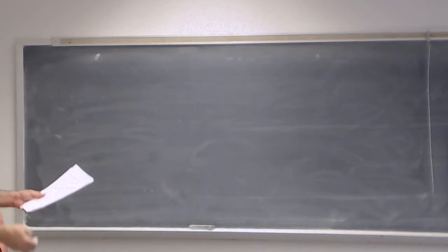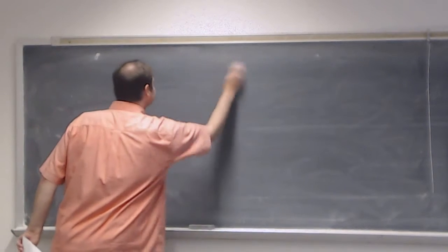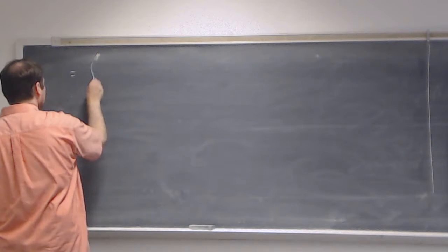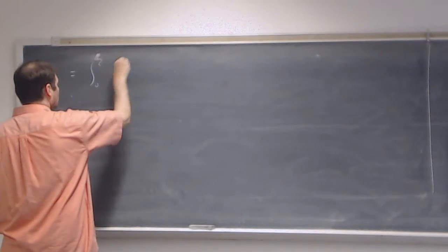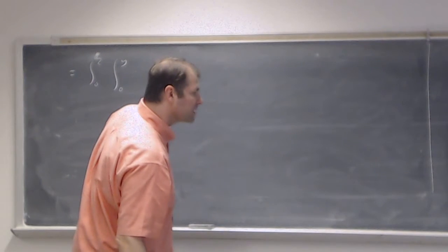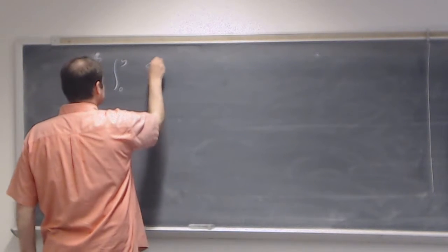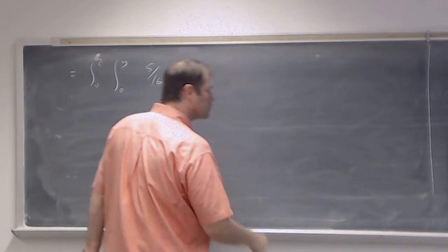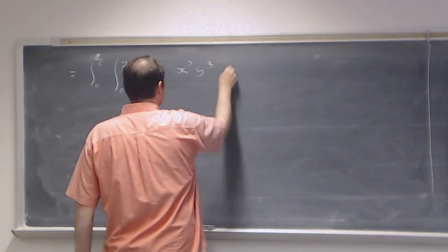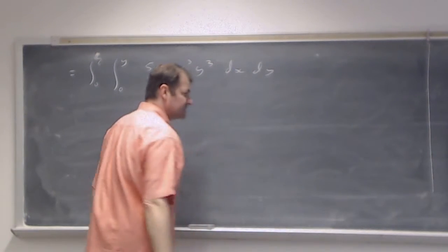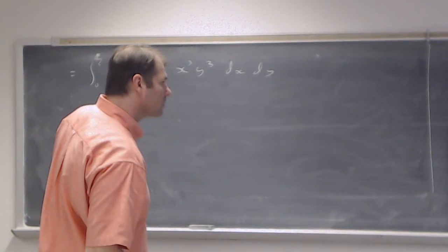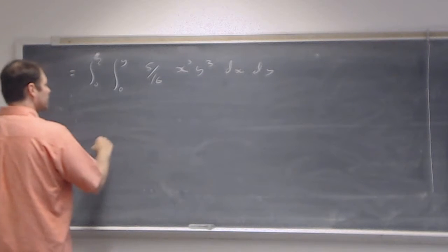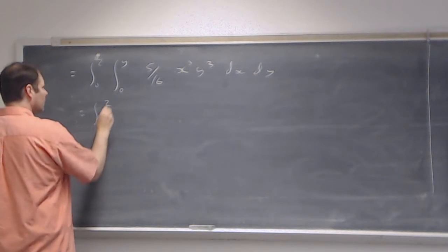So when I look back over here, it's the integral from 0 to 2, 0 to y, and when I simplify this, it's 5/16 x to the third, y to the third, dx dy. We integrate with respect to x first.